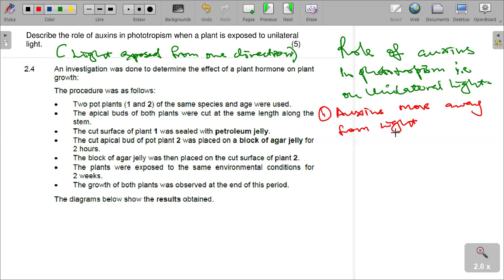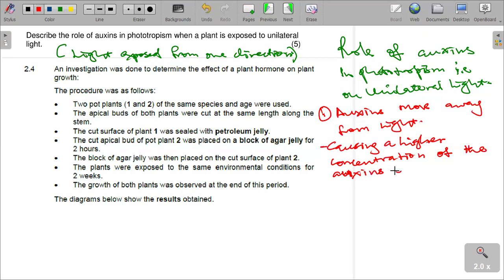And then, causing a higher concentration of the auxins on the darker side of the plant.